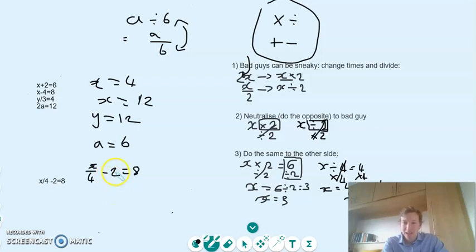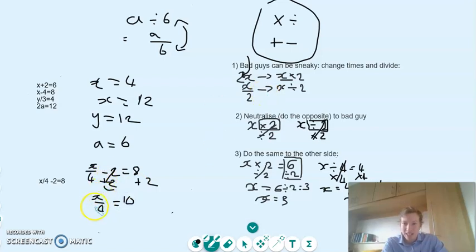Okay, so remember this is our weaker enemy, so we're going to try and get rid of this minus 2 first. Opposite of minus 2, plus 2, neutralize it. Do the same to the other side, plus 2 on the other side. X over 4 is 8 plus 2, which is 10.